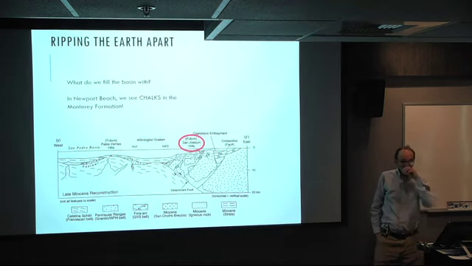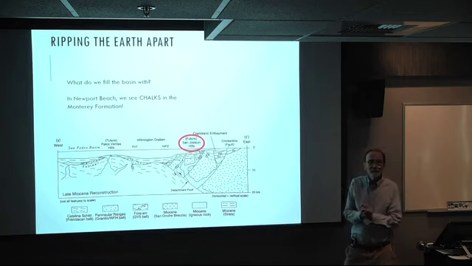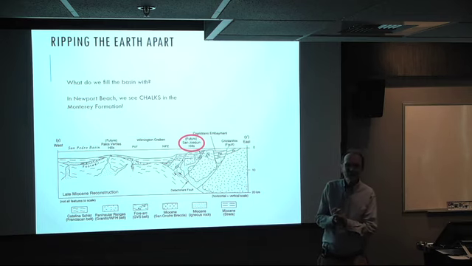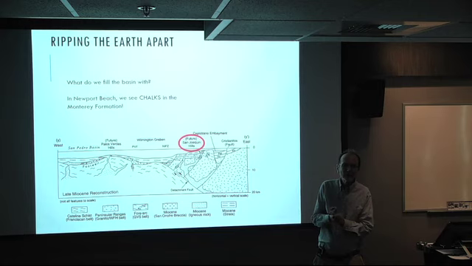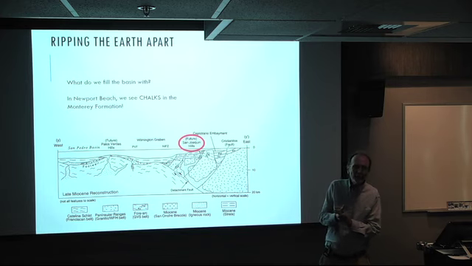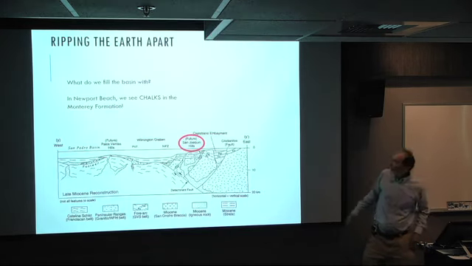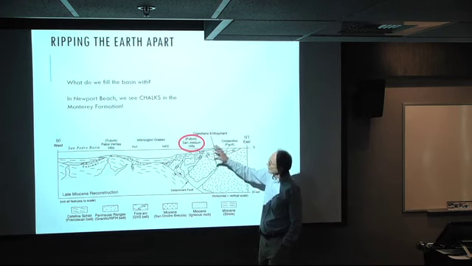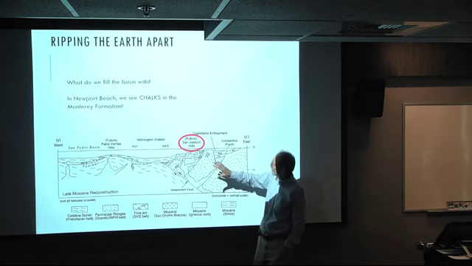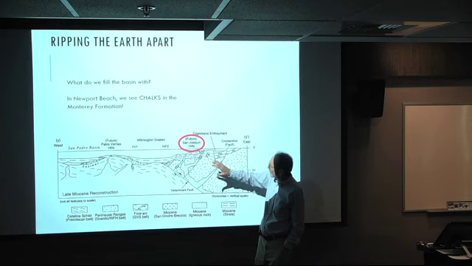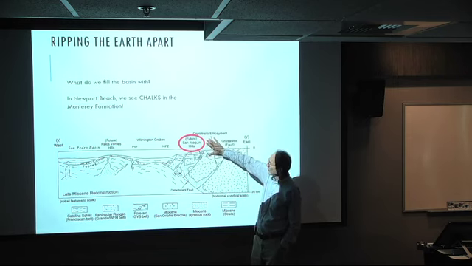Now, what about, yes? Why didn't the LA Basin have schist coming up as well? It just wasn't deep enough to let it up? Good question. Essentially the LA Basin is a little bit off center, but it would be sort of here.